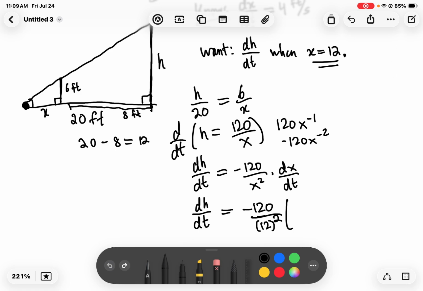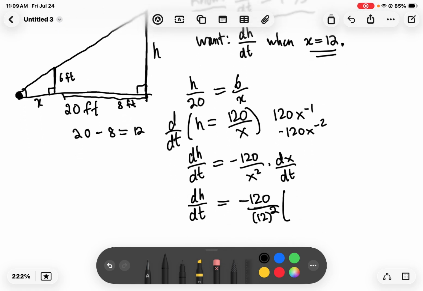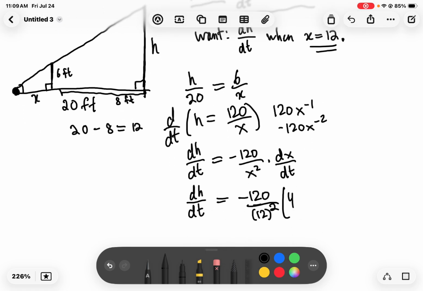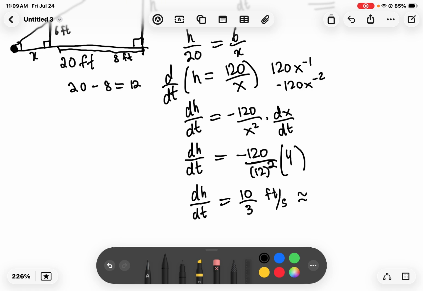We know dx/dt is given as 4 feet per second, so plug that in, 4. Now we can evaluate dh/dt, and if you plug this into a calculator, you should get that dh/dt is equal to 10 over 3 feet per second, which is approximately 3.333 feet per second.